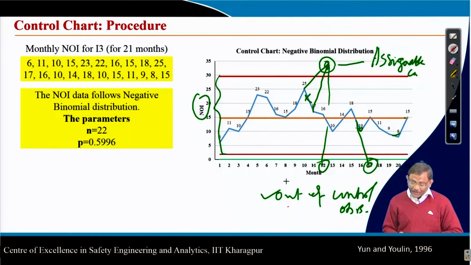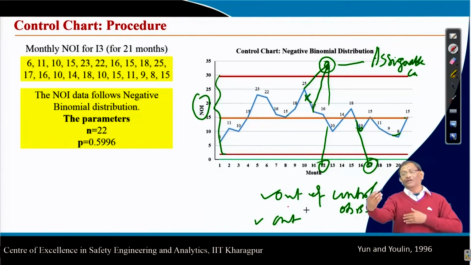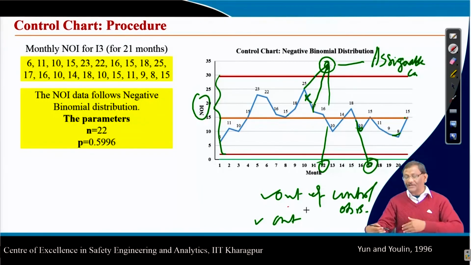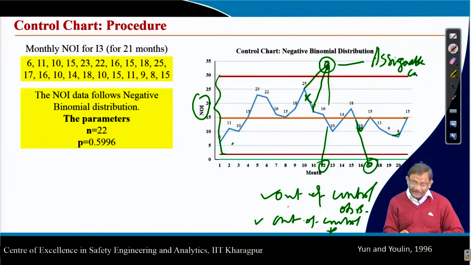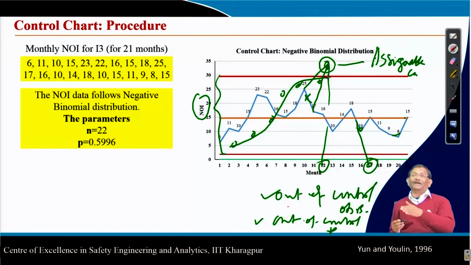Also there can be an out of control pattern. Maybe it is not beyond the UCL or LCL, but it is still out of control. That means a pattern, where you may find the data is like this, showing some increasing pattern.